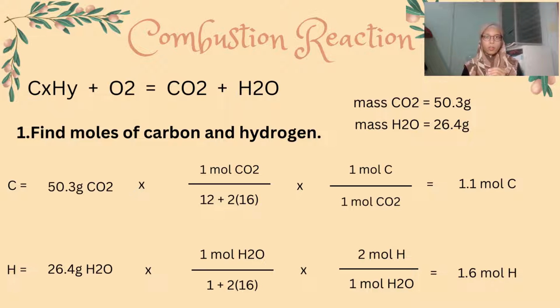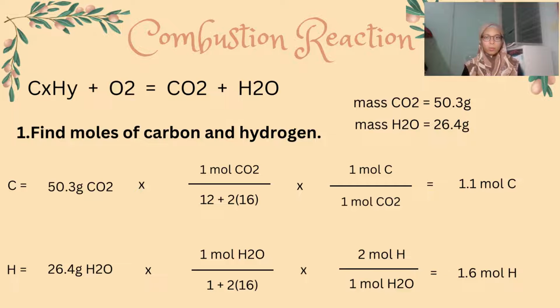And then the hydrogen in the organic compound will be burned with oxygen to provide H2O, which is water. So this is an example question I have provided in this slide. The question gave us the mass of carbon dioxide, which is 15.3 grams, and the mass of H2O, which is 26.4 grams.